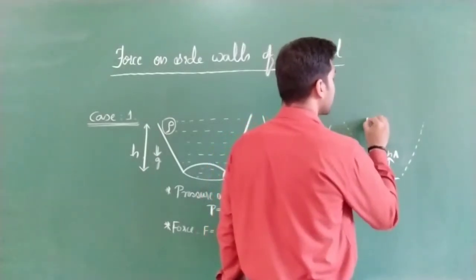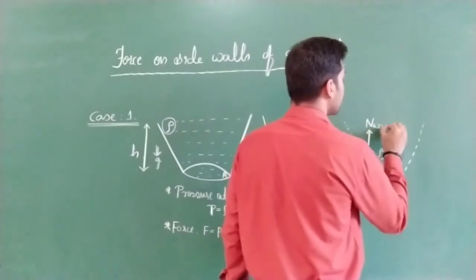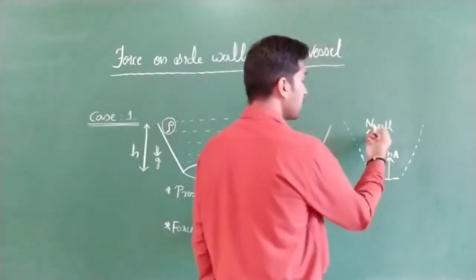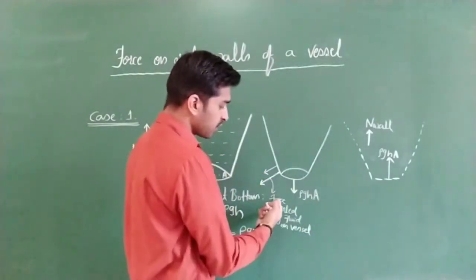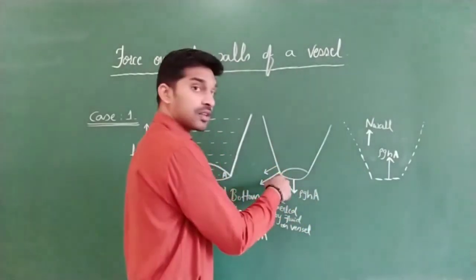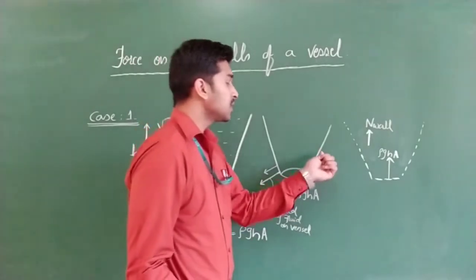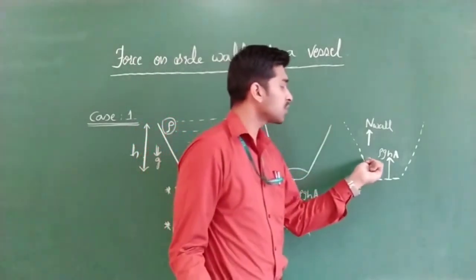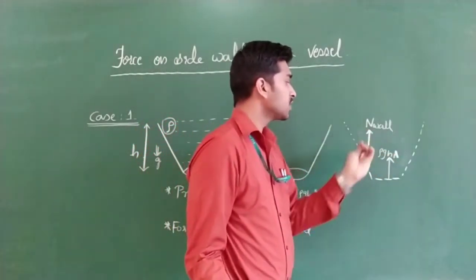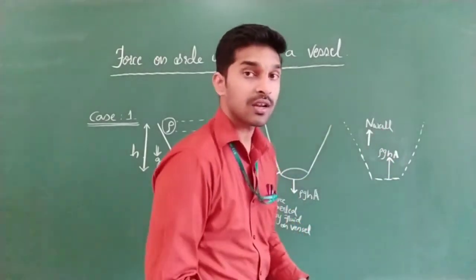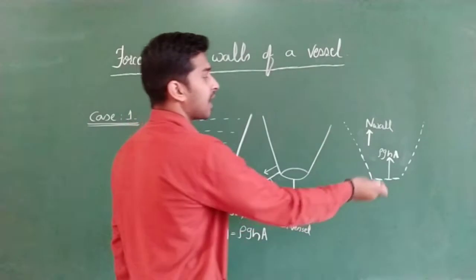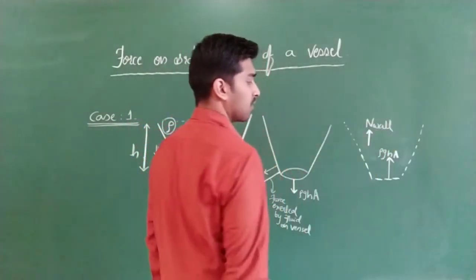This I will write as N wall, that means normal reaction due to wall. This wall is applying force. This arrow mark is nothing but force exerted by the fluid on this vessel. But here, this vessel will also apply some force on this fluid. Horizontal components will get cancelled and completely vertical components will get added up. That I am going to treat as N wall.